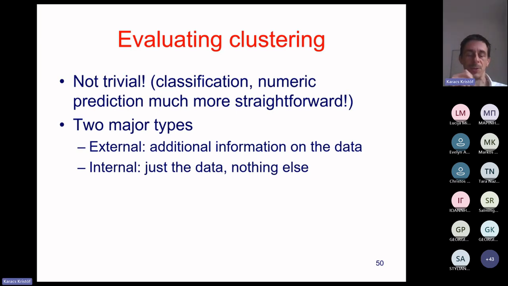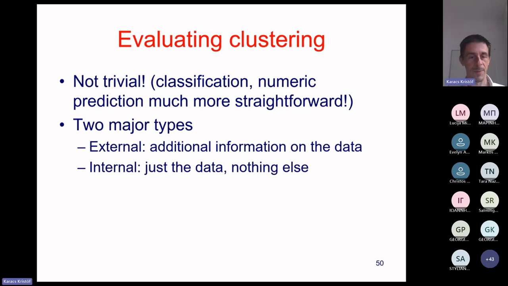There will be two major approaches. One is called the external, where we think that, okay, without the labels, we can't even evaluate an unsupervised method. So some additional data like labels will need to be provided.